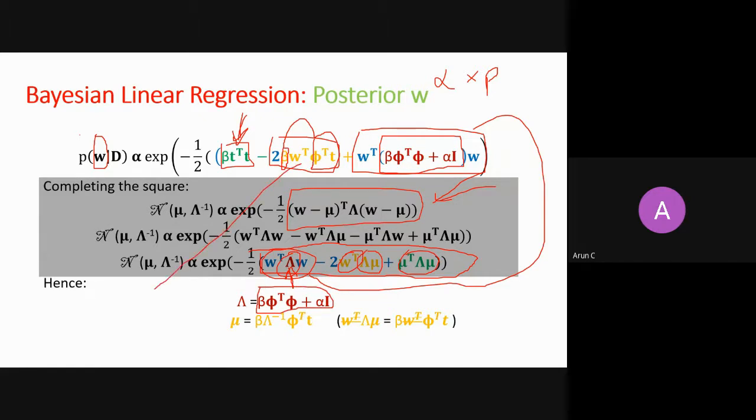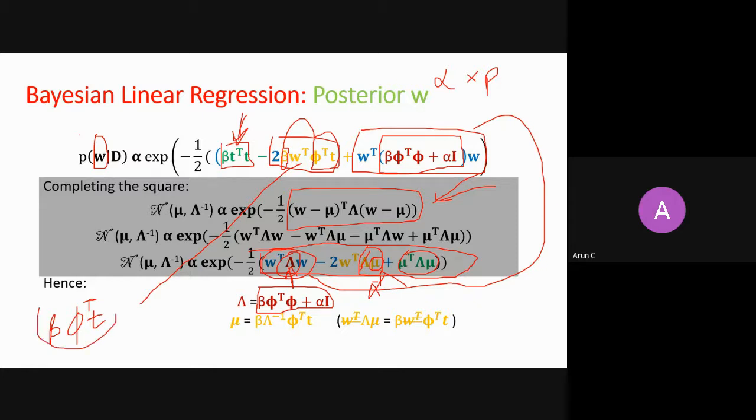If you see the linear term separately and just drop W transpose, you get beta phi transpose T, which is nothing but the product of your precision matrix and mu. To calculate your mu, you can multiply this with the inverse of the precision matrix. This cancels lambda and you get mu only.